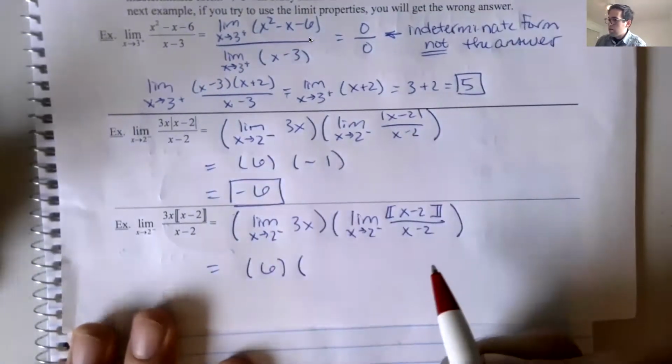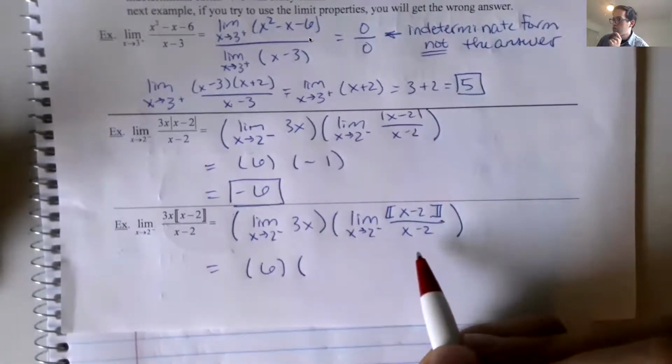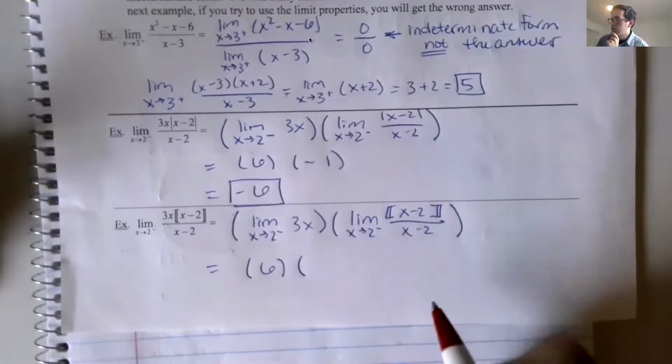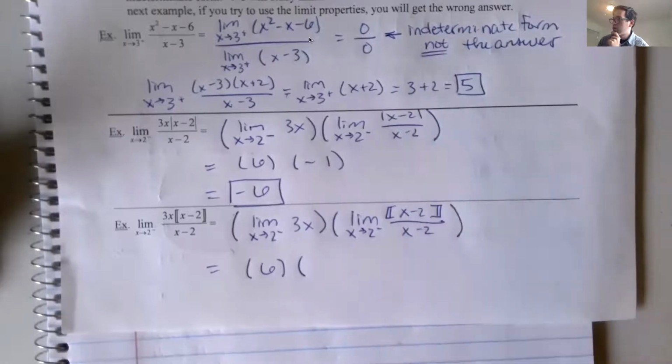And for this part, okay, we have a step function, x minus 2 over x minus 2. So if we plug in 2, right now we get 0 over 0. But what's going on with this step function? I think we might have to graph this.